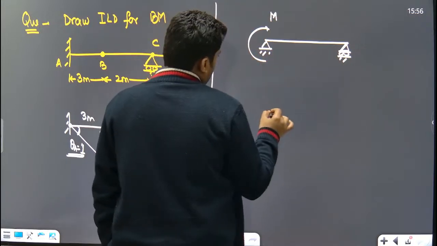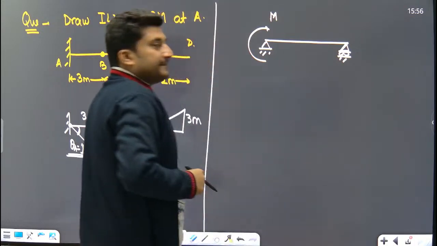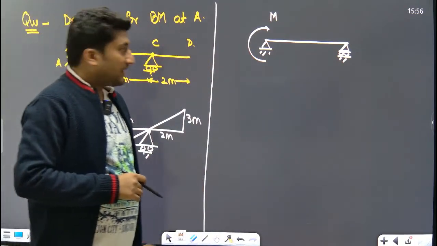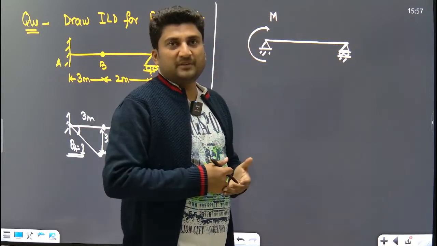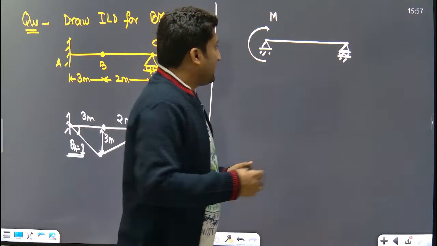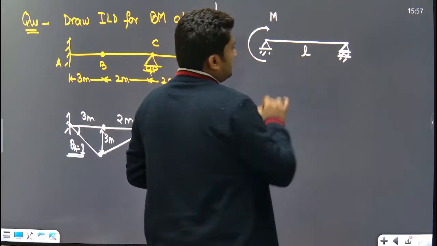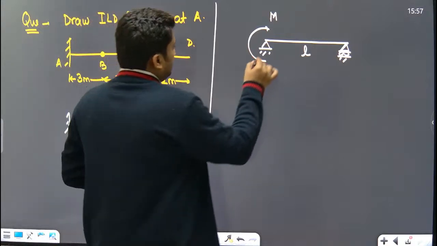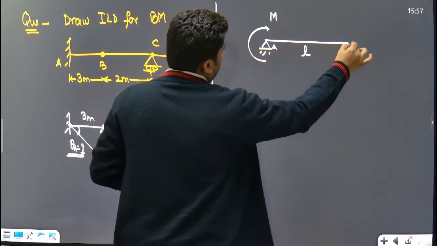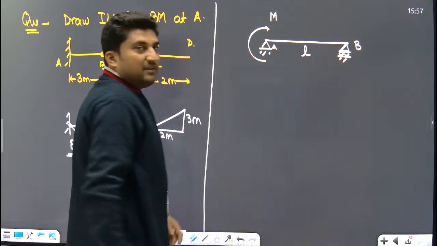Now look, in order to balance this moment M, what will be the magnitude of the reactions? If the length of the beam is L, can you tell me what is the reaction at A and B? If there is an unbalanced moment M, what will be the reaction developed at A and B?